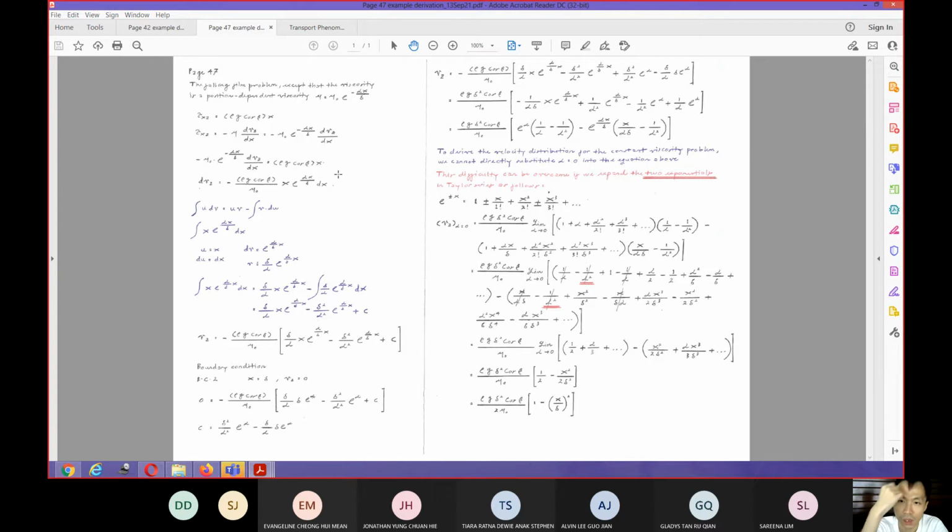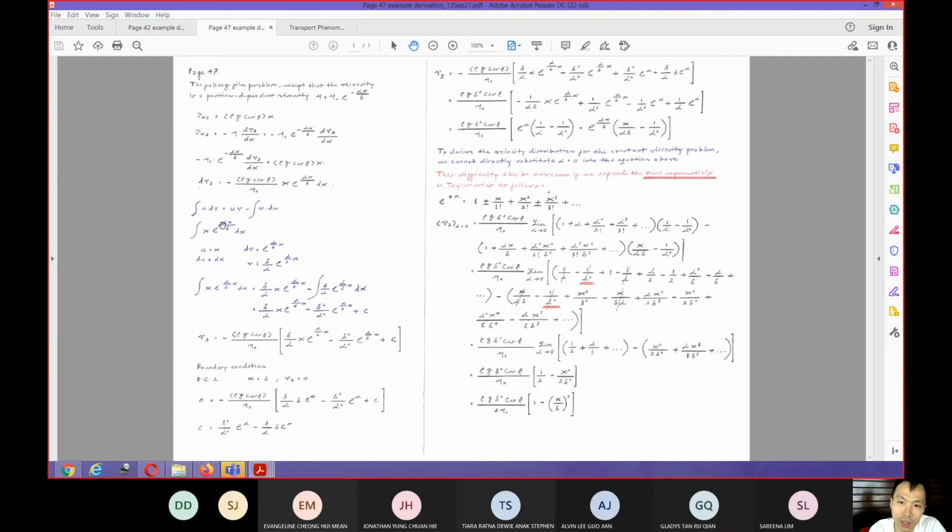Then what we need to do essentially is separate the variables: the variables of vz on the left hand side, and all the variables that contain x on the right hand side. We are just using simple analytical steps to split these. Now we have a bit of difficulty on the right hand side, because we need to use integration by parts.